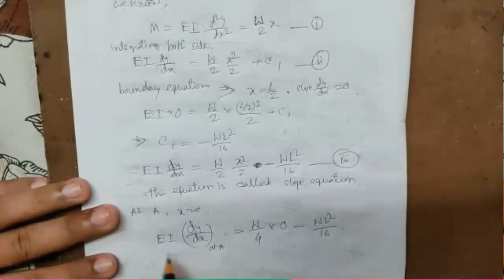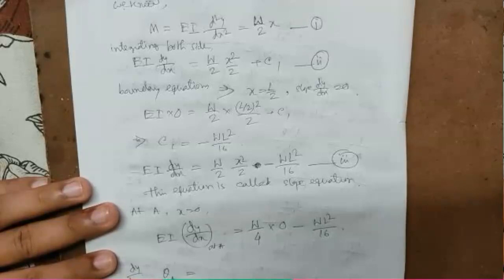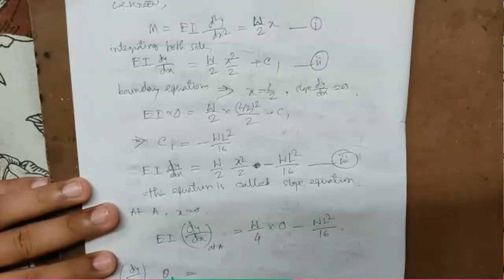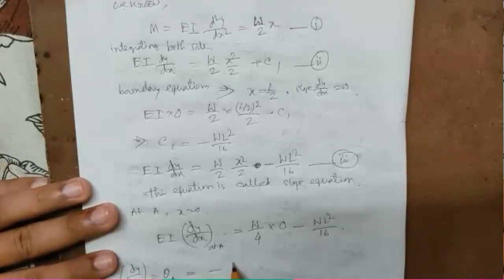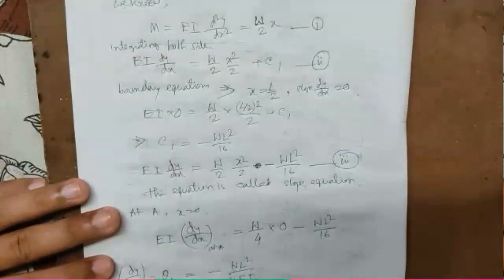If we denote this dy dx at A by theta A, then that slope can be written as minus WL square by 16, and EI comes to this side.